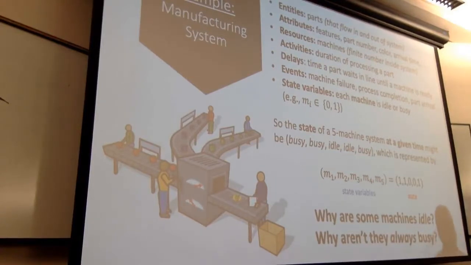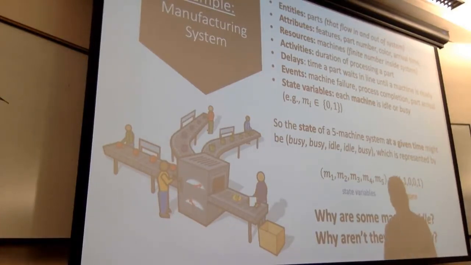If you have to condition your answer on the state of the system, you've described a delay. If you can just spit out an answer that applies for all states, then you've identified an activity. Does that make sense?